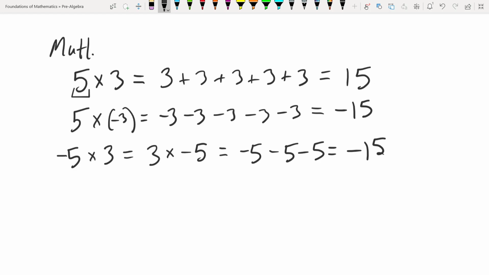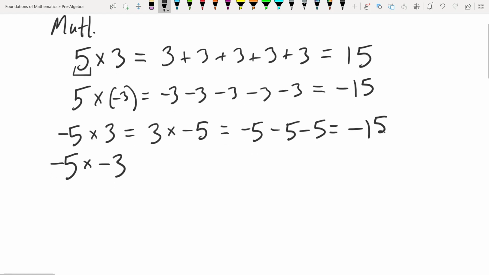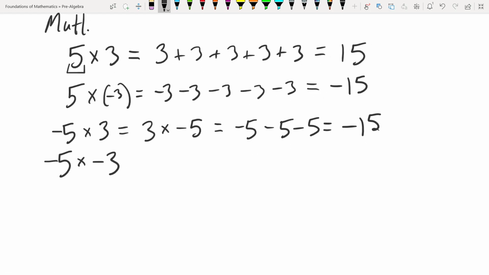So what happens then if we have negative 5 times negative 3? It may be a little confusing because you can't really have negative 5 groups of negative 3. That doesn't make sense. But let's consider the following pattern. Negative 5 times 3, which we just found in the line above, is negative 15.